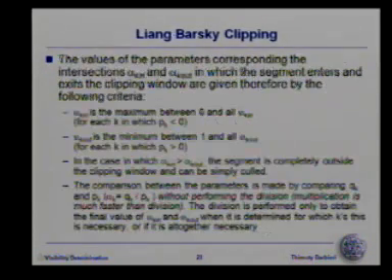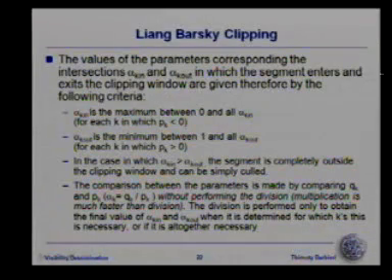Now that we have decided this, you have to decide which is the winner between the ins and between the outs. The winner for the ins is the maximum between 0 and all the alpha k for pk's which are ins. The winner between the outs is the minimum between 1 and all the alpha k's which are outs, for each k where pk is not equal to 0.